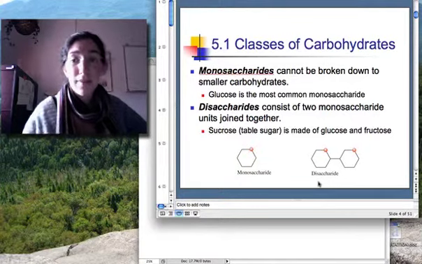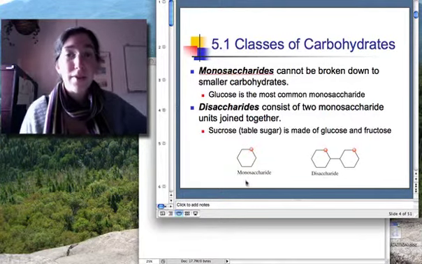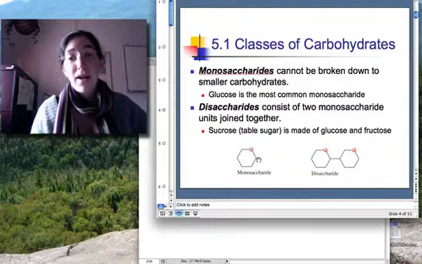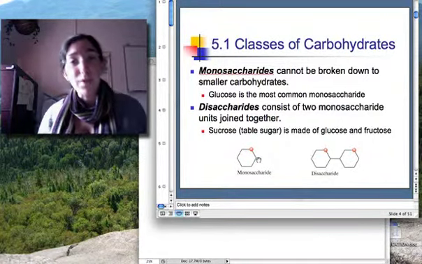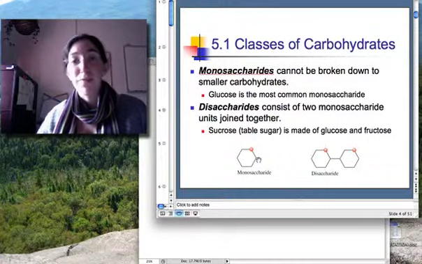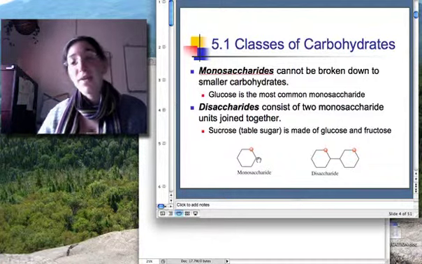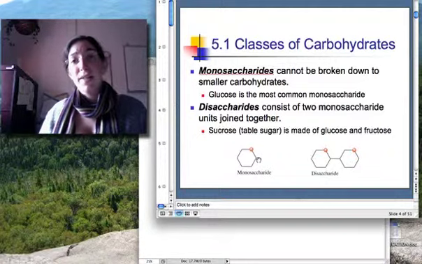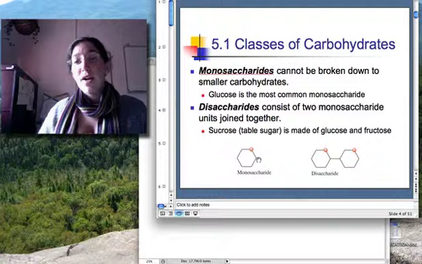Di meaning two. So glucose is a monosaccharide, the most abundant monosaccharide. Other monosaccharides include fructose, which is very sweet, which is why we have come up with high fructose corn syrup. It has a little more fructose than it does glucose, and that's why it's a little bit sweeter.